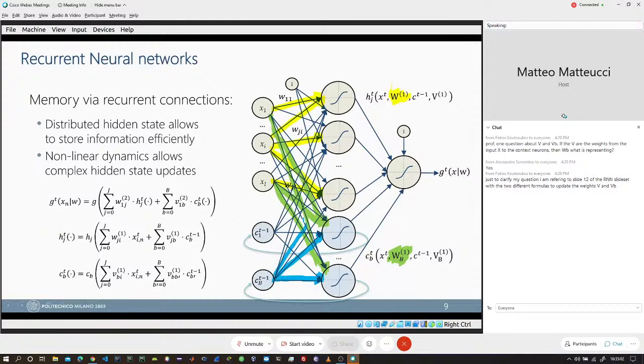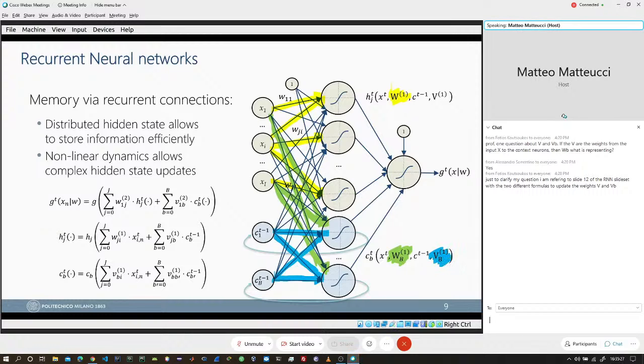Sorry, no, this is not true. I was drawing a wrong one. And these are basically the weights from the previous state to the current state.